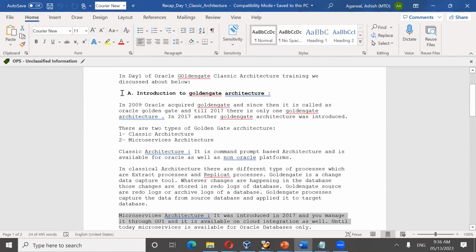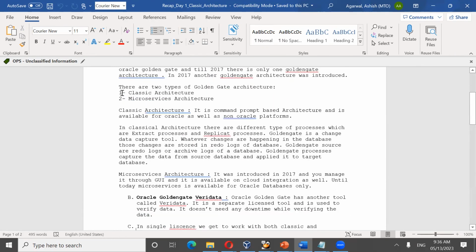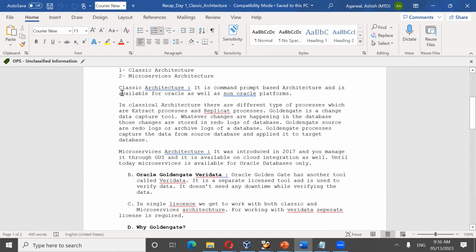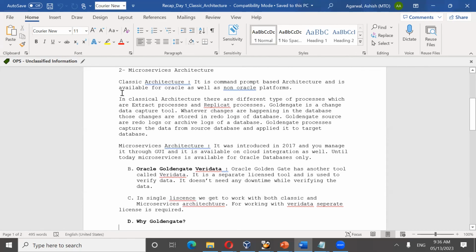Microservices architecture was introduced in 2017, and you can manage it through a GUI, and it is available on cloud as well. GoldenGate Veridata is another tool which is used to verify the data. On the license part, as per Oracle, if you have a GoldenGate license, you can use both classic as well as microservices architecture.